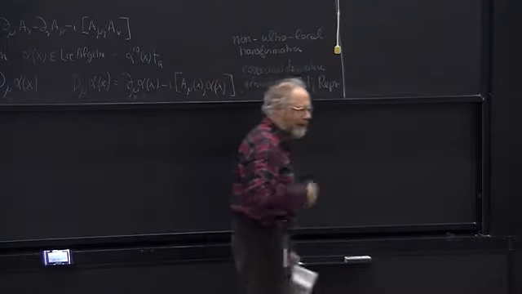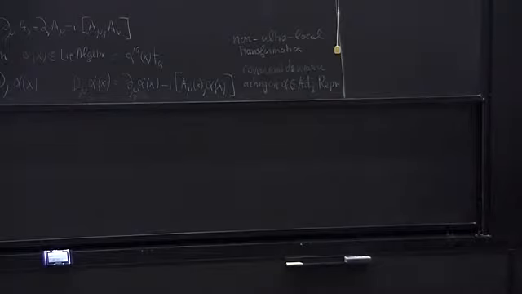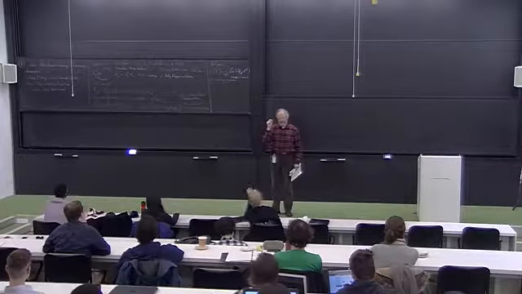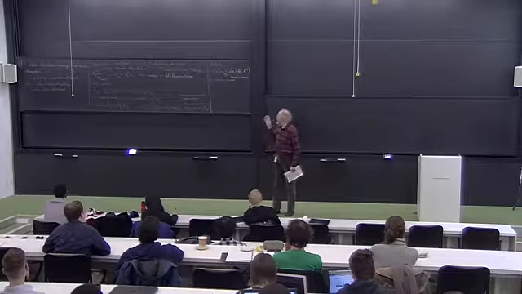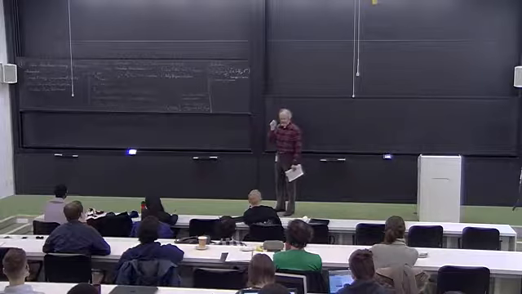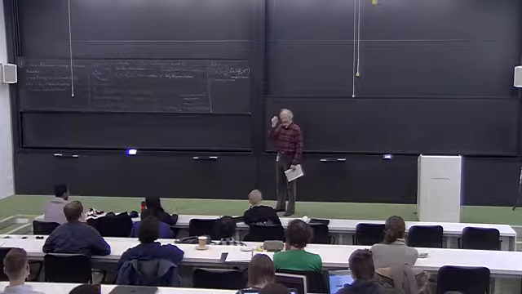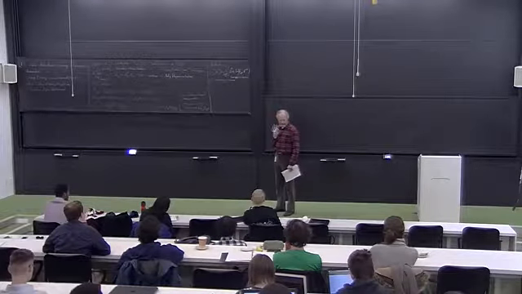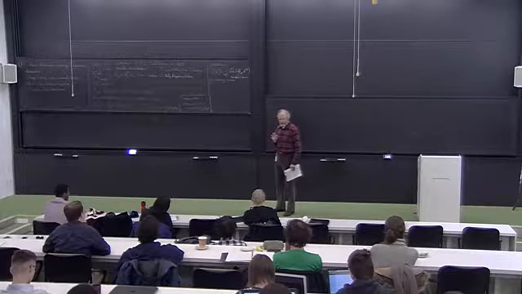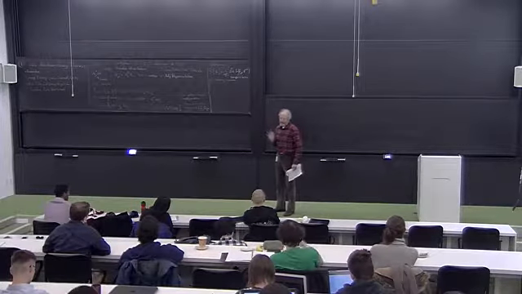If by local you mean something that depends only on the value of the transformation and a finite number of derivatives, that's okay. Then we call it ultra-local if it depends only on what's happening at a given point and not at any infinitesimally close points. That's just an issue of terminology.